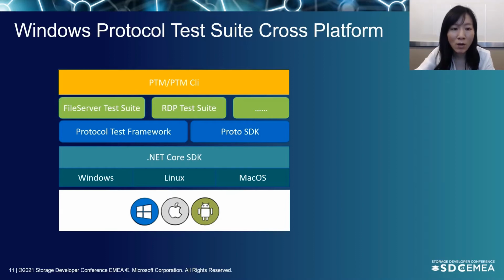So now all our components like Protocol Test Framework and Protocol SDK are built on top of .NET Core SDK. Therefore, our FileServer test suite and RDP test suites can now also run cross-platform. We are also developing cross-platform versions for PTM and PTM CLI.